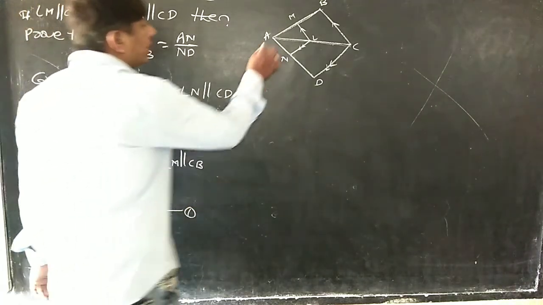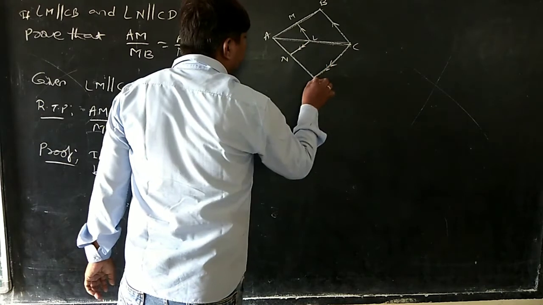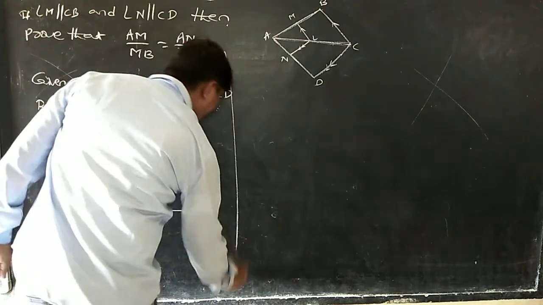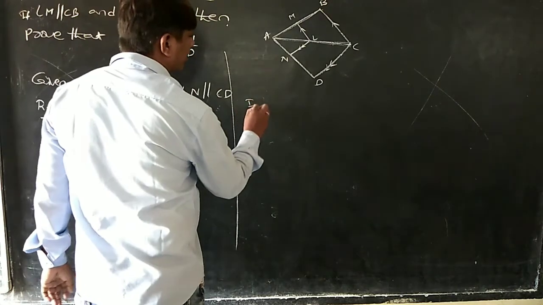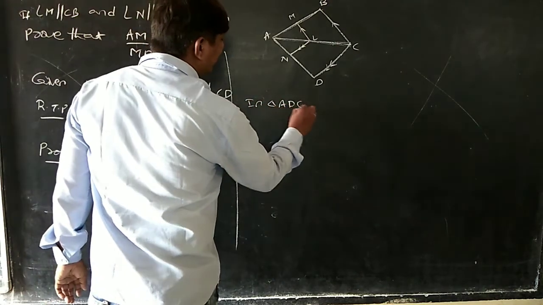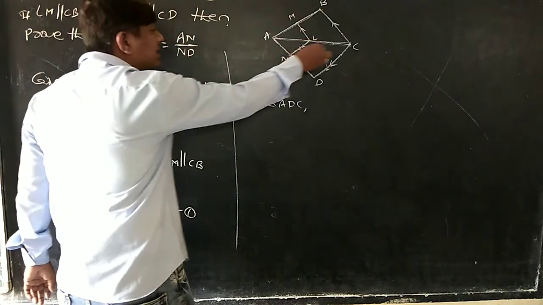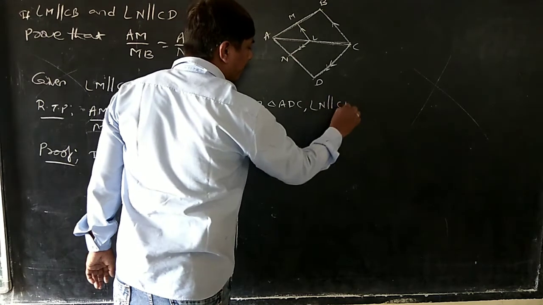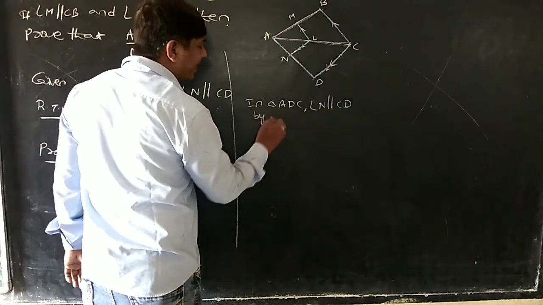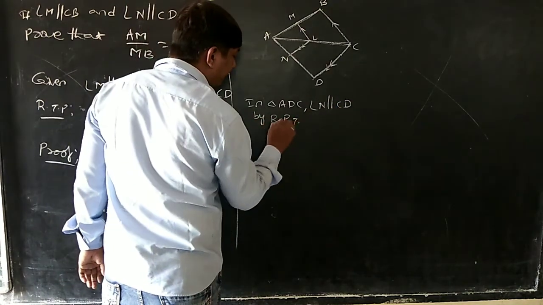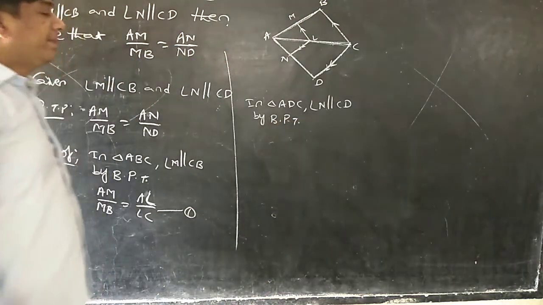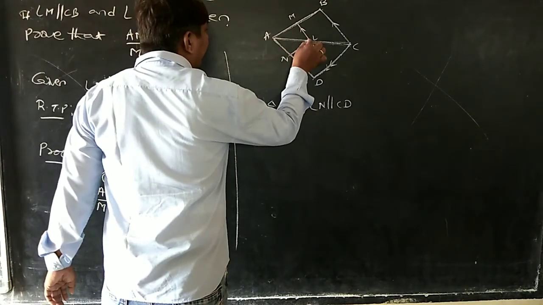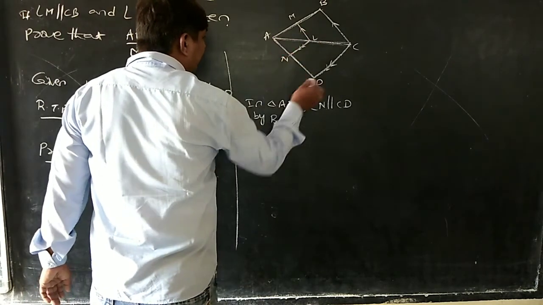Okay, now take this triangle now. In triangle ADC, LN is parallel to CD. Again, by basic proportionality theorem, AL by LC is equal to AN by ND.